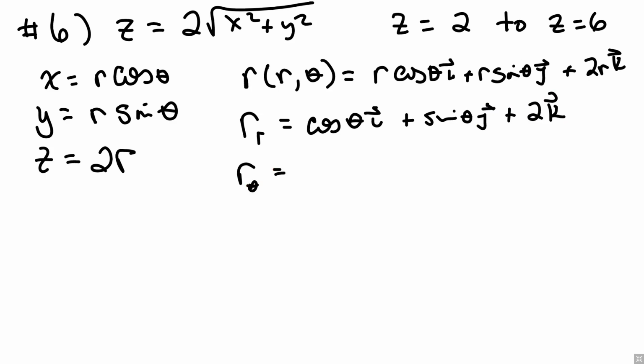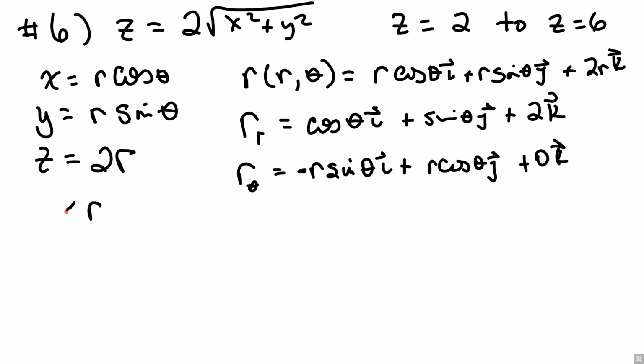Partial with respect to theta, so negative r sine theta in i plus r cosine theta in j plus 0 in the k. Now we know that r will be bounded between 1 and 3, and theta will be bounded between 0 and 2 pi.